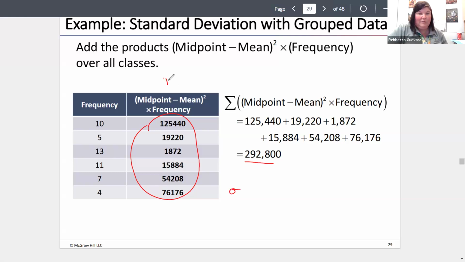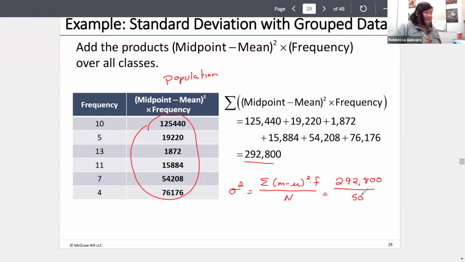Because what I was looking at is a population, if I want to end up with the standard deviation, I take that summation of midpoint minus the mean squared times the frequency, and I divide by my population size, so big N. So this would be 292,800 divided by 50.